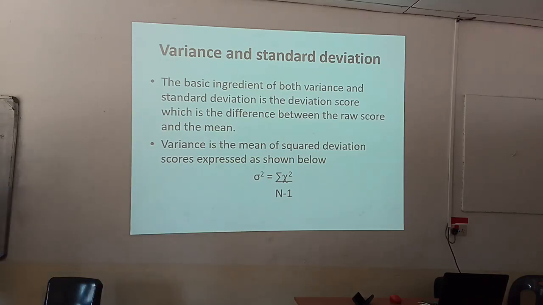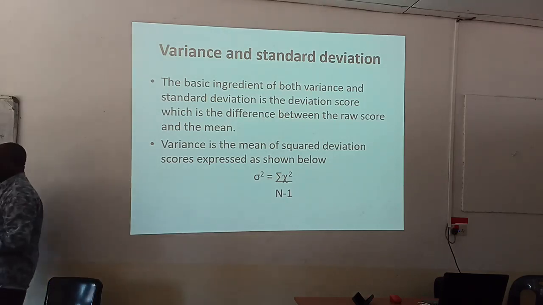But the summation of deviation scores always equals 0, because some deviation scores will be positive, some will be negative. So to avoid this problem, you sum the deviation scores squared.